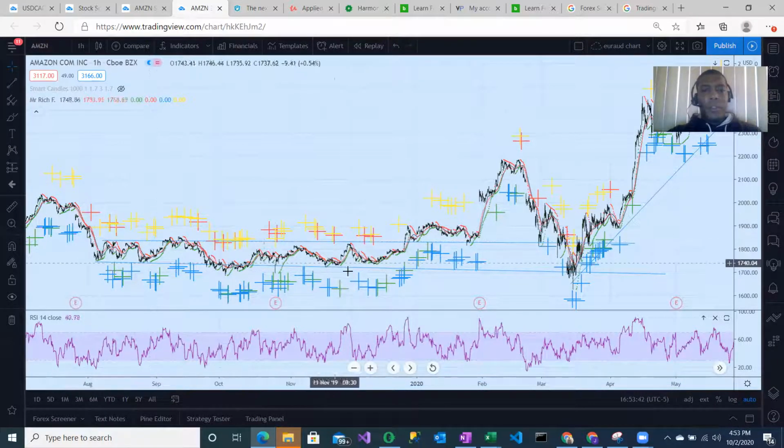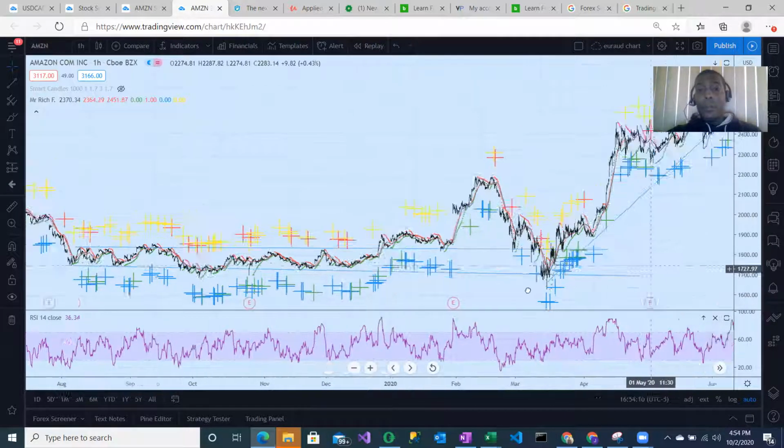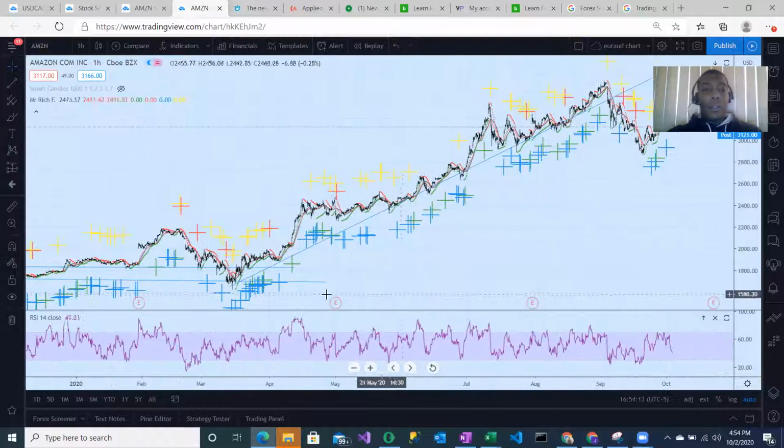And then it begins to break out in December, right when the coronavirus stuff really started to get big. As you can see, it breaks the resistance and now it's going to the upside. It came down here, I don't know what happened during this area, but it came back into the box. And then you got another signal up, and that's when it started to do what it's doing.